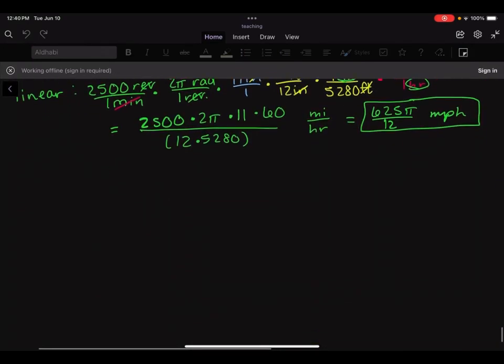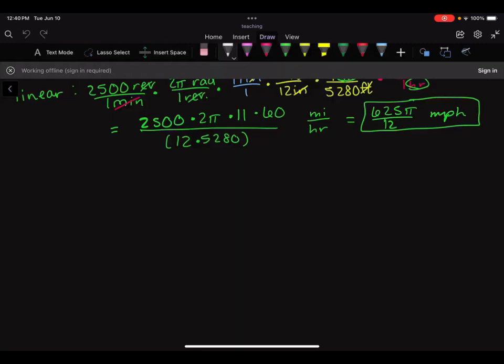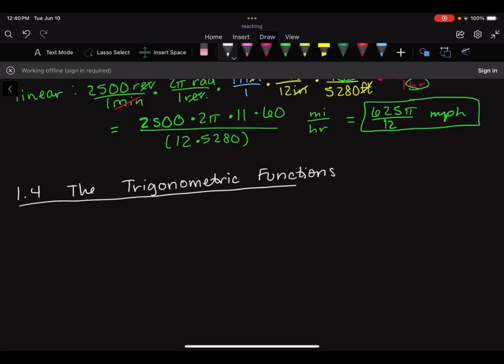So our next section is 1.4. This is the trigonometric functions. Truthfully, I think 1.4 is probably one of the most important sections in all of trig.